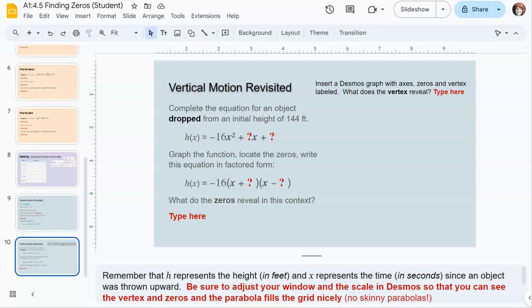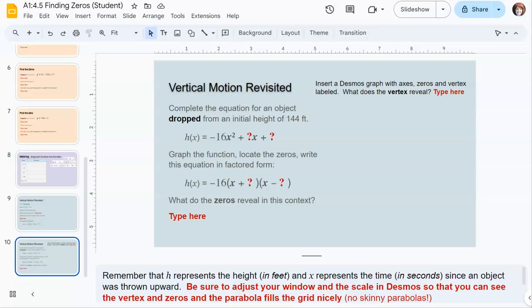Sometimes it even looks like a vertical line segment. It's so skinny. And so I say no skinny parabolas. I say that out loud multiple times, and so they'll start saying it, no skinny parabolas. And that's what I want to hear. I want them to adjust that window to make that graph look nice, to look like a parabola.